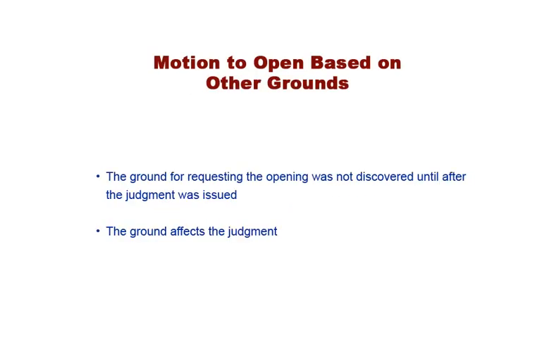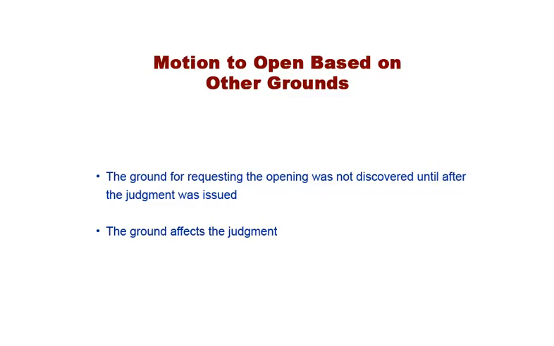Motion to open based on other grounds. A party may file a motion to open when it is discovered that there is a ground or reason to do so. The ground was not known to the party until after the judgment was entered, and this lack of knowledge kept the party from making a claim for a cause of action or making a good defense.